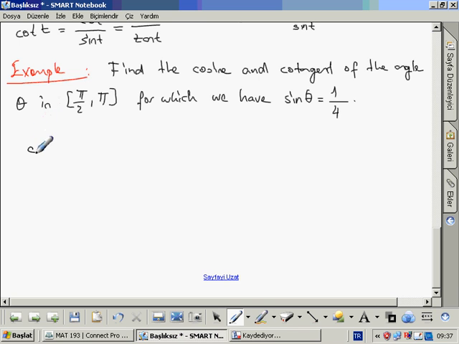So we know that sine square theta plus cosine square theta equals 1, Ömer Hayyam's equation.